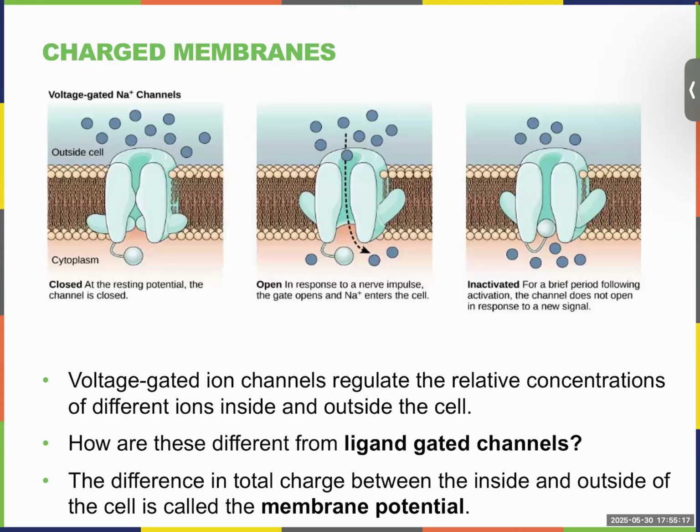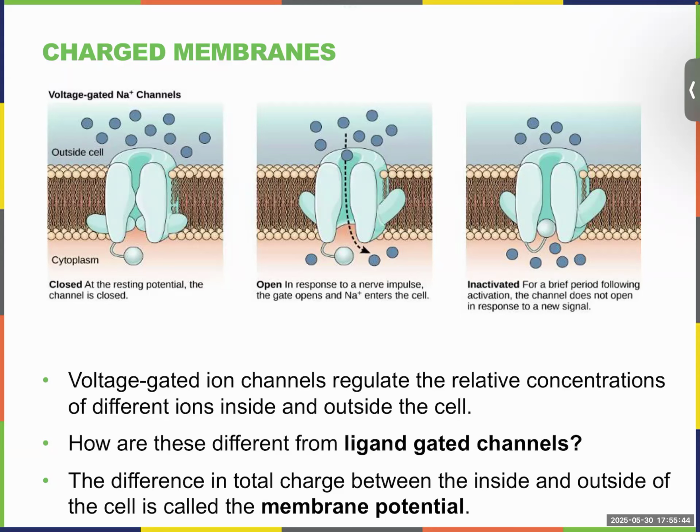So we're looking at charged membranes here. We're looking in teal at the light blue or teal protein in the membrane, and we see that it's closed. Okay, and there's these circular objects that want to come in. Well, they can't come in when it's closed, but it can open in response to a nerve impulse.